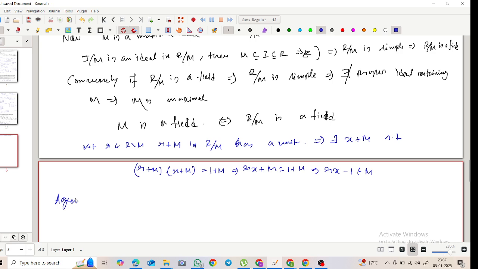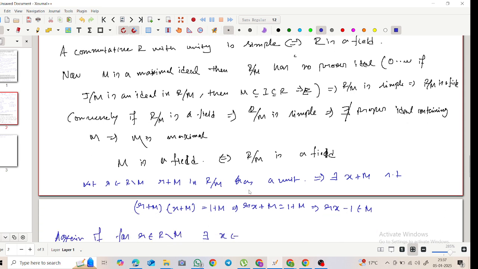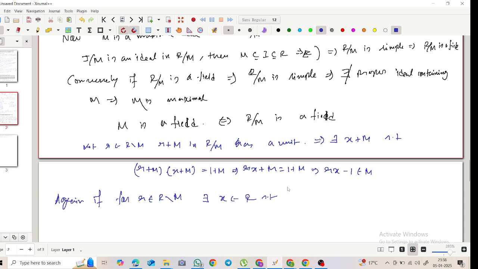Again, for r belonging to R mod M, there exists x belonging to R such that rx minus 1 belongs to M. Then rx plus M is 1 plus M in R mod M, right?